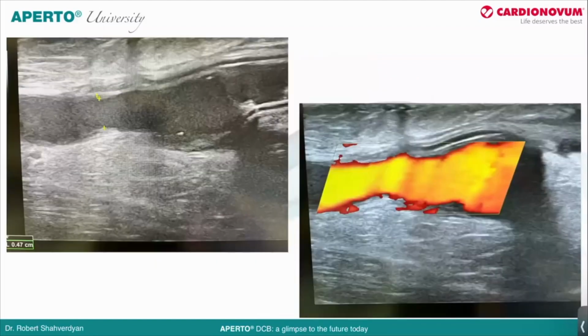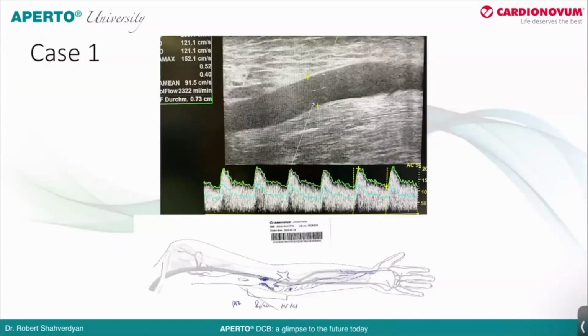And then after the procedure, you can see clearly how the stenosis looks with an ultrasound, with color flow and also without it. And interestingly, this patient actually jumped from 500 to 2.3 liters flow. So we are monitoring her because this patient actually had a previous flow reduction procedure, a banding at the anastomosis.